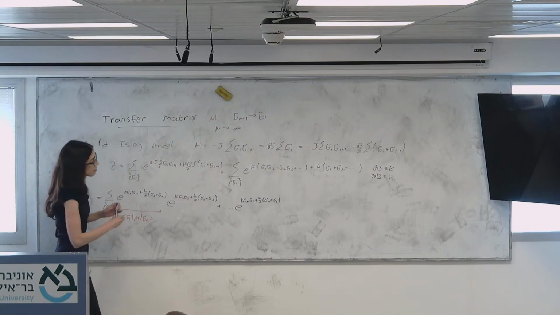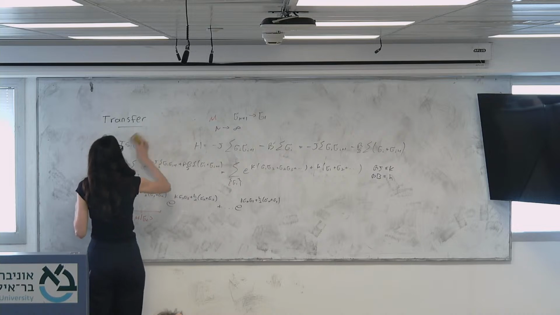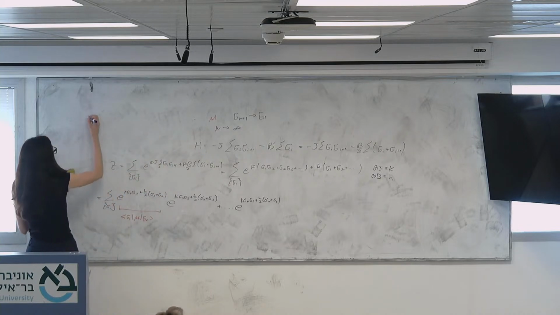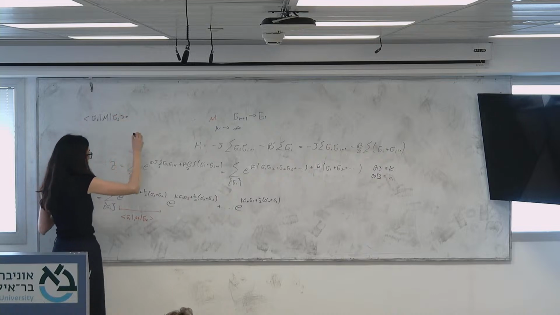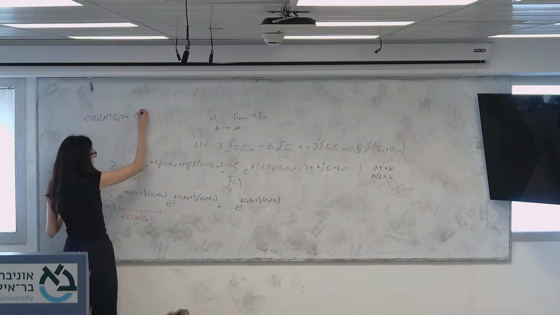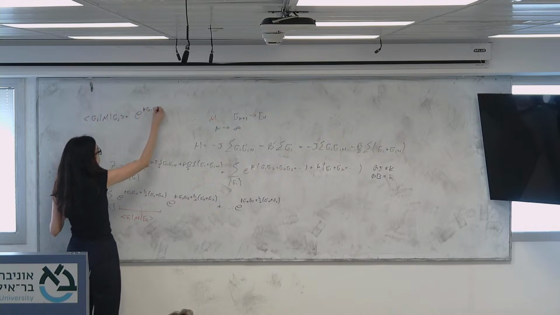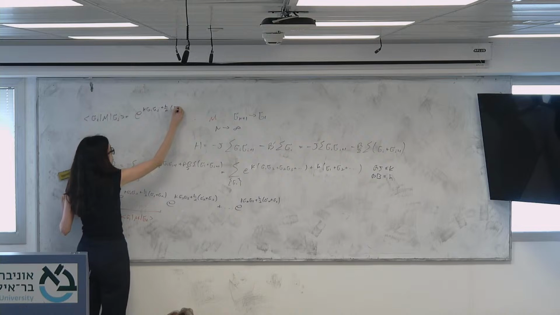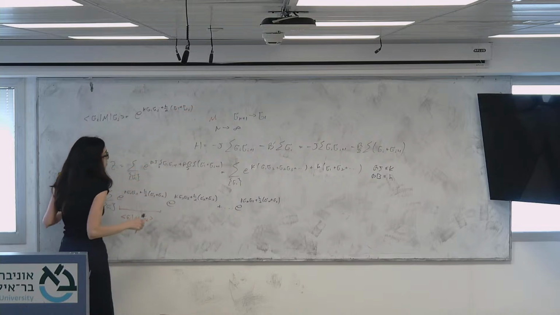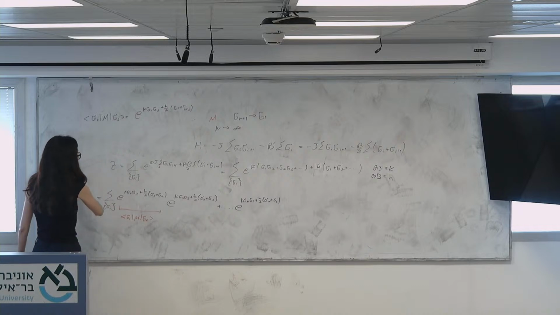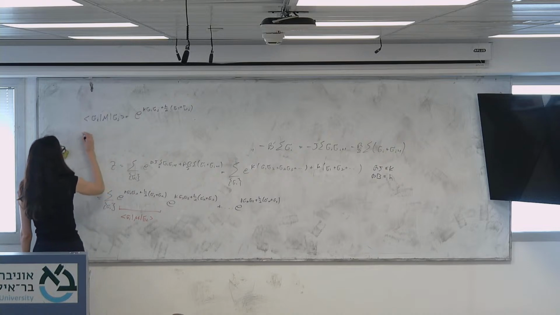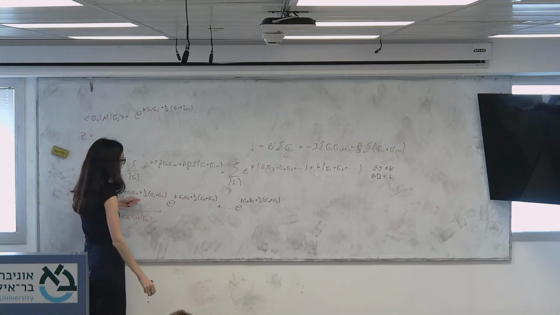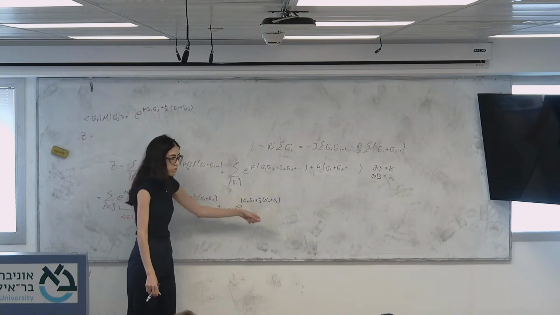So we define a matrix element between sigma i and sigma j as K sigma i sigma j plus h over 2 sigma i plus sigma j. So we can write the partition function, because we have these n multiplications.